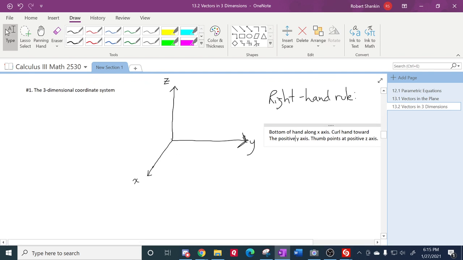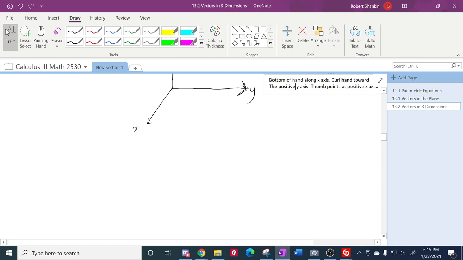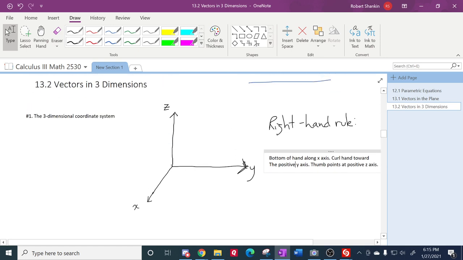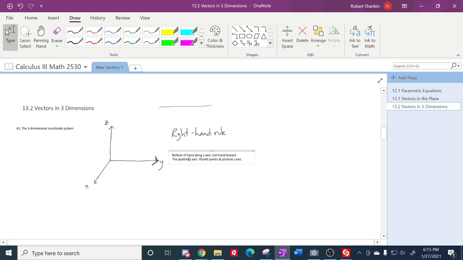All right, let's move on to the coordinate planes. All right, so we have the XY coordinate plane. And if we were in the corner of the room, the XY coordinate plane would be the floor.